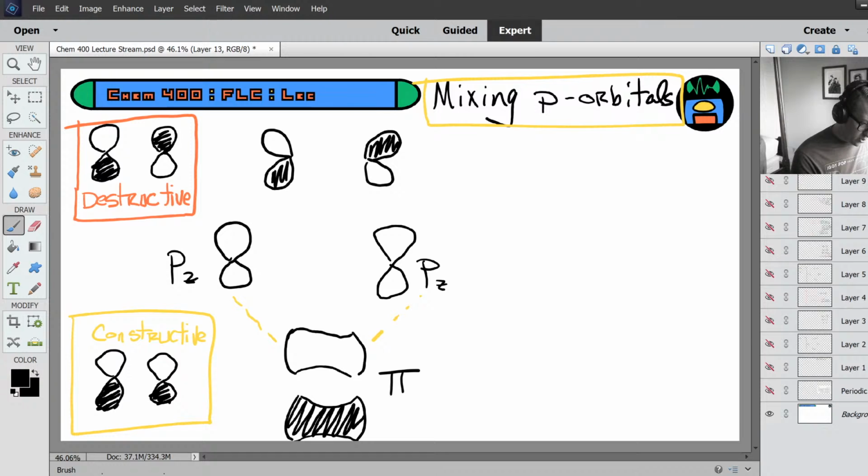These are the four lobes of the pi star antibonding orbital. Again, you get this pi star antibonding orbital from mixing your two pz orbitals together in a destructive fashion, where they're out of phase. All four of these lobes belong to the pi star antibonding orbital. So py makes a sigma and sigma star, pz makes a pi and a pi star.